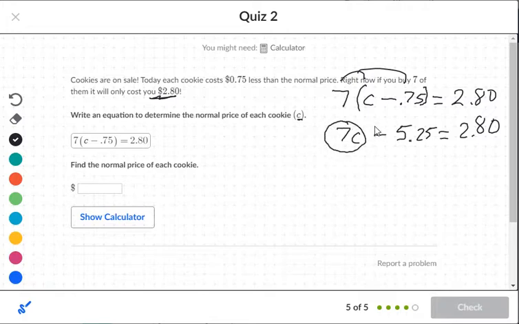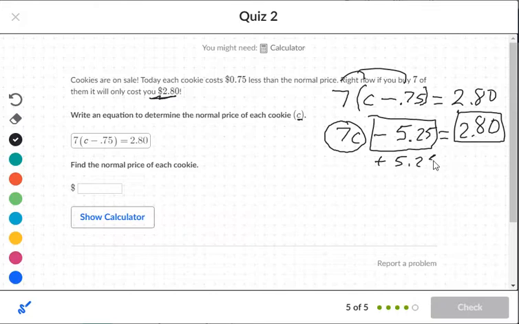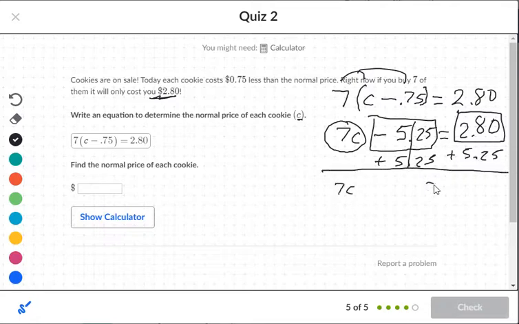So now let's code the problem. Let's circle, let's box, and let's box. So we're going to add the $5.25 to each box. Cross this out, so this is 7C.